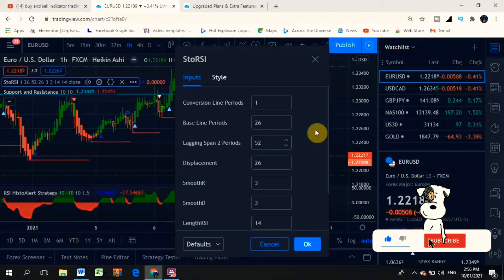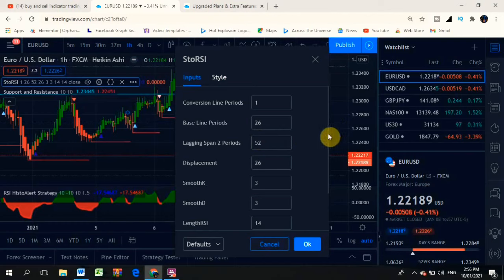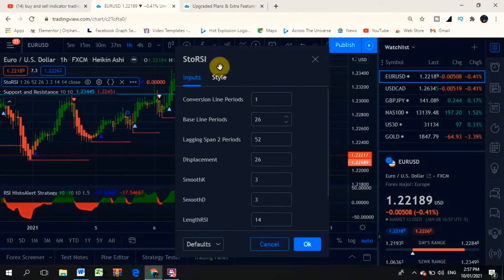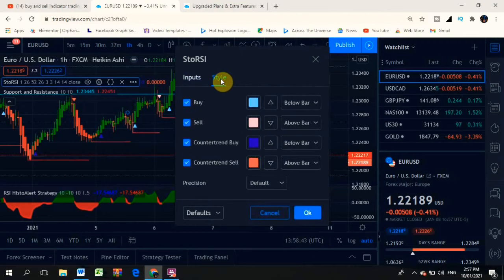Just set it as default. RSI is 14, everything for RSI is 14. It's just the default setting. The only thing you can change is the color. You can change the color to anything that you want, but you leave the settings as default.